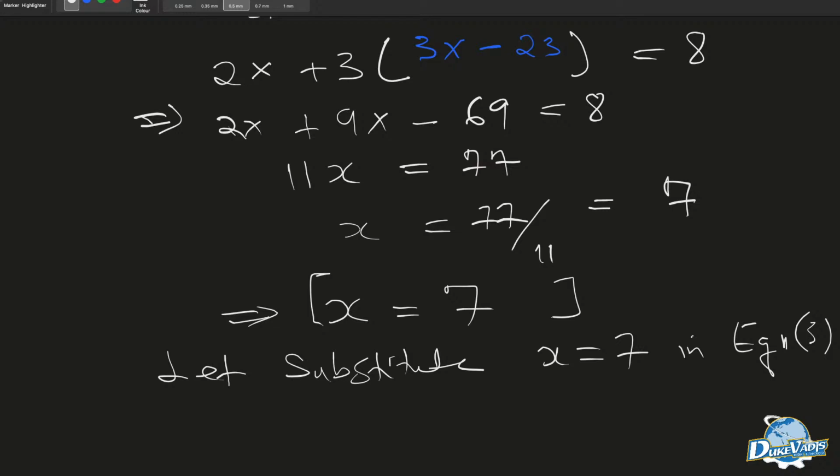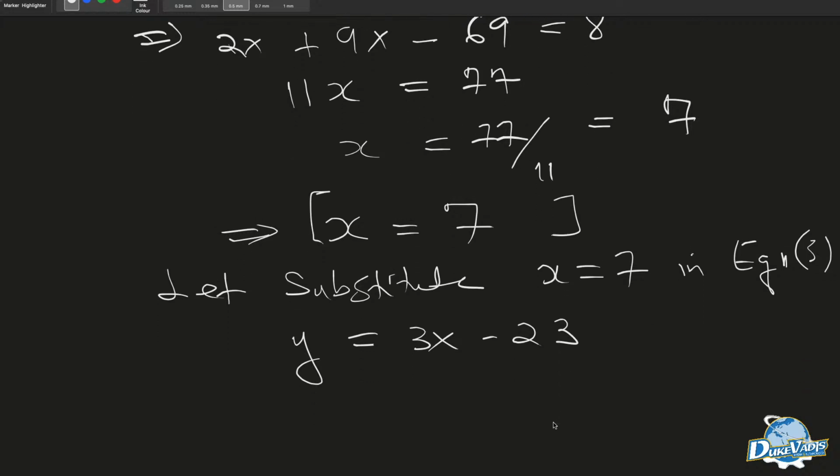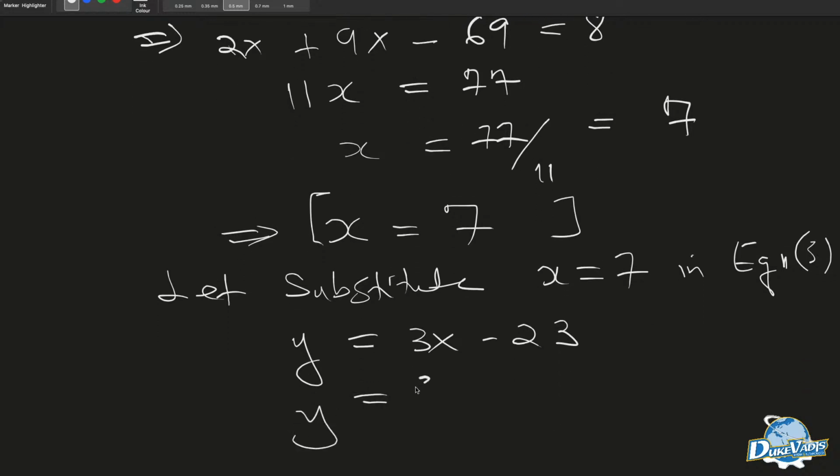We know that our equation 3 is y equals 3x minus 23. So this means y is equal to 3 times 7. Let's make the 7 in a different color so we understand what we're doing. So we'll put it here as 7.